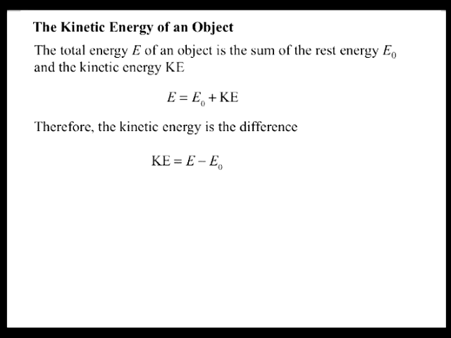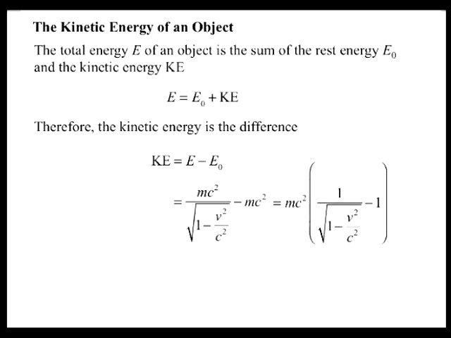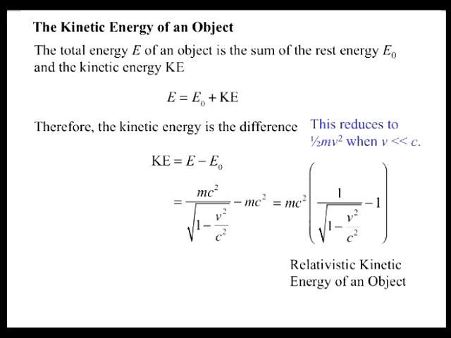Using our equations for the relativistic total energy and the rest energy, we write Ke equals E minus E0, which equals mc squared divided by the square root of 1 minus v squared divided by c squared, minus mc squared, which equals mc squared times the quantity 1 divided by the square root of 1 minus v squared divided by c squared, minus 1. This reduces to the classical value of 1/2 mv squared when v is much less than c.